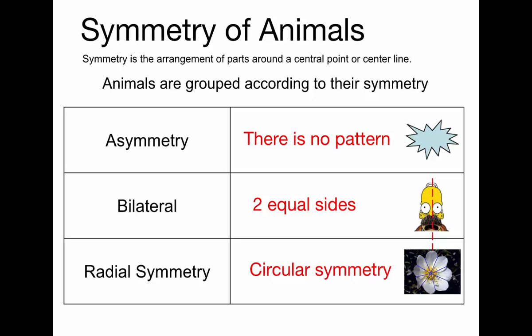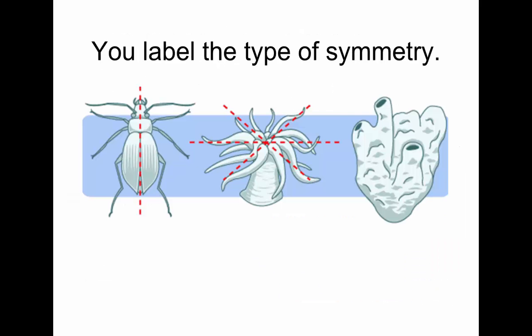So let's look at some examples and see if we can identify the types of symmetry. Oh, here's one already drawn out for you. This beetle. What type of symmetry does it have? Michael? What's that? Bilateral symmetry, yes.